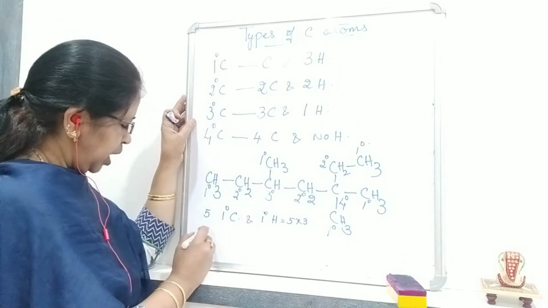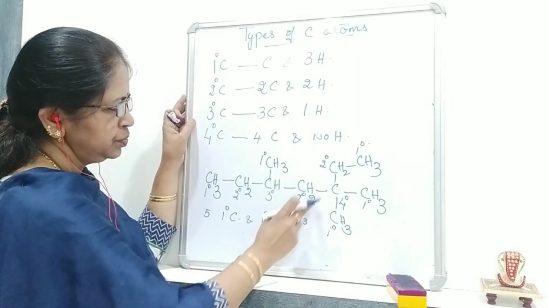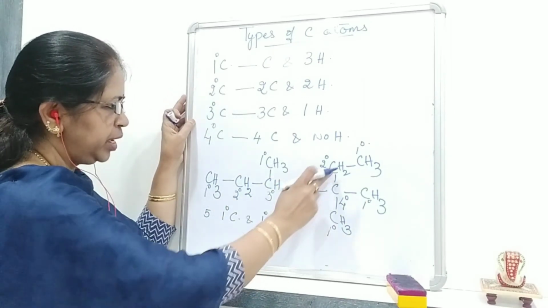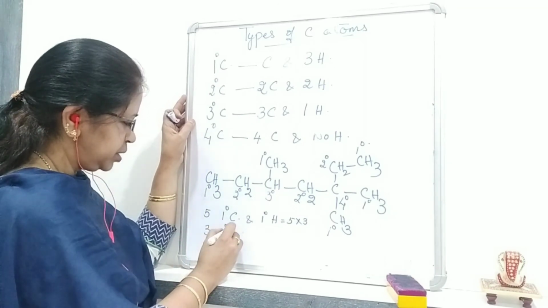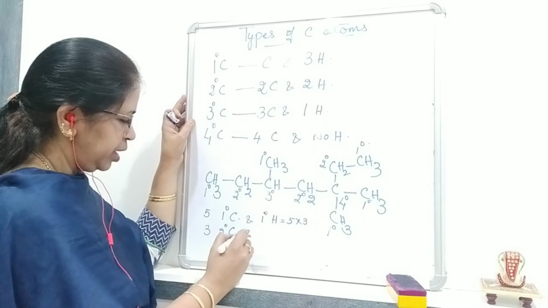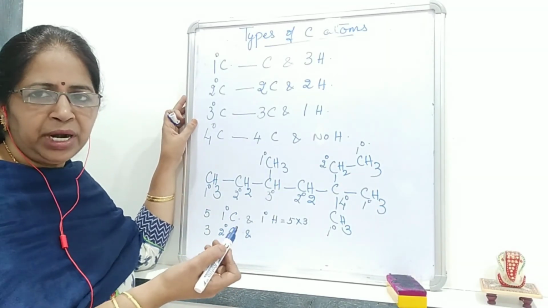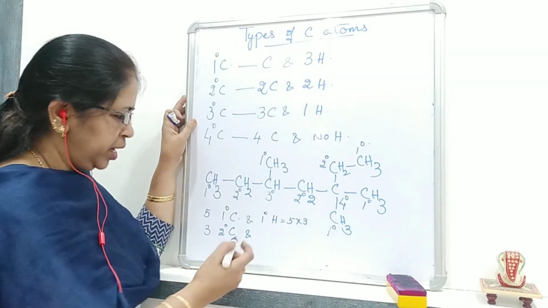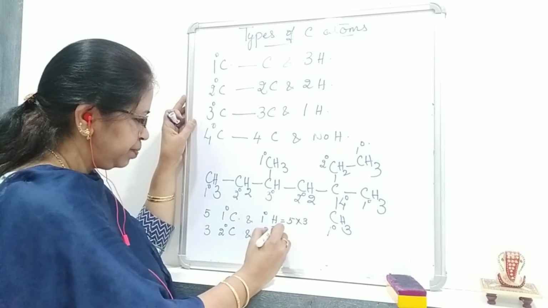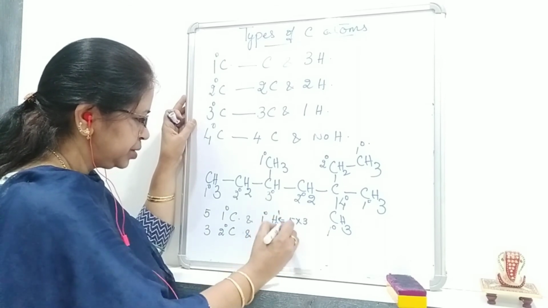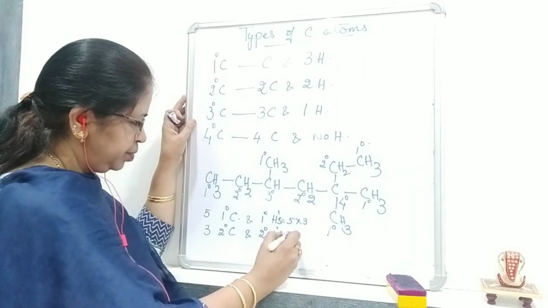Now how many secondary hydrogens are present? 1, 2, 3. There are 3 secondary carbon atoms, and each secondary carbon atom has 2 hydrogens. So the number of secondary hydrogens is 3 into 2.